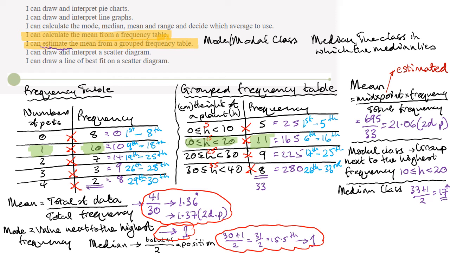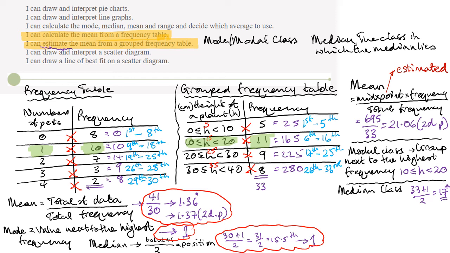And I just want to use my table to work out where to find this 17th value. Is it in the first row? No. Is it in the second row? No. It's just in here. 17th value, yeah? So I would write down that the median class is this 20 to 30. So I write that down exactly as I see it.